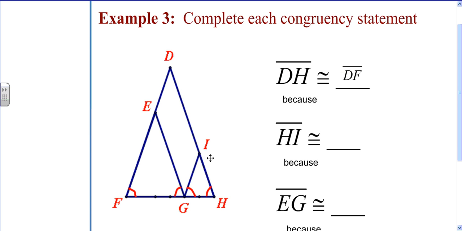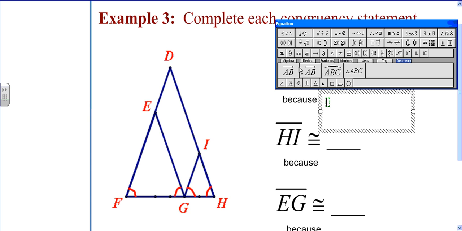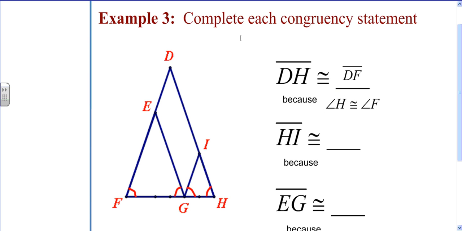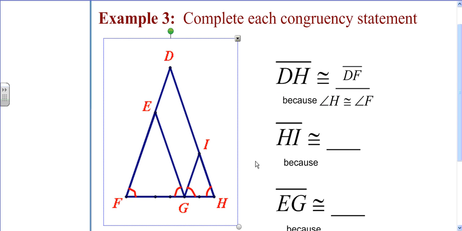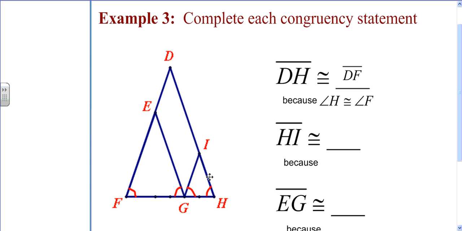They have the same length, DH and DF. But we know those sides are congruent because we know that angle H is congruent to angle F. So that's how I can make a justification for this. These base angles are congruent, so therefore these two sides are congruent.